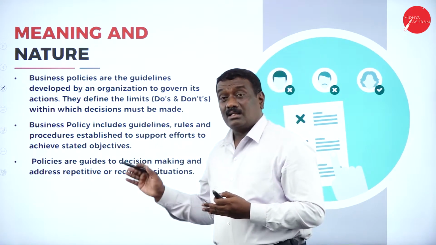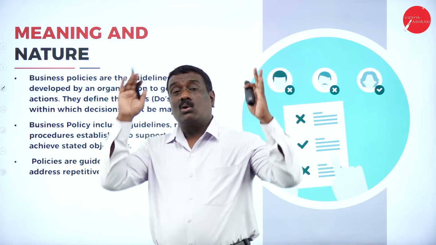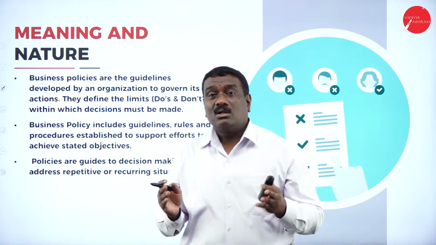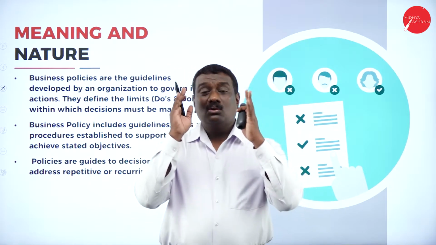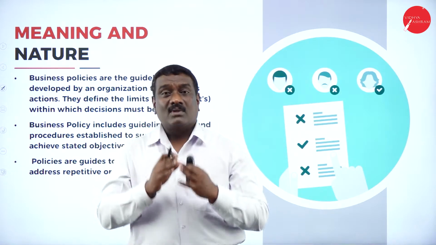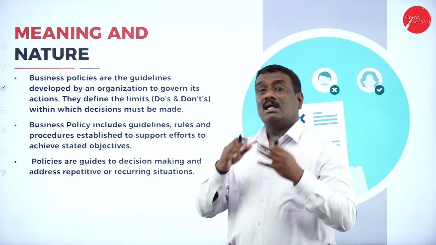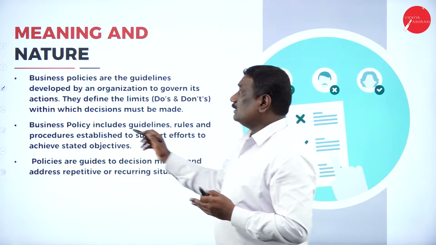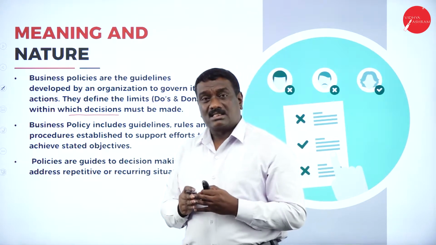So they define this business policy, they define do's and don'ts. What are do's and don'ts? Do's means the things they need to do, and don'ts are the things they should not do while taking decisions regarding the organization or on any project. And that will be discussed within the organization itself.